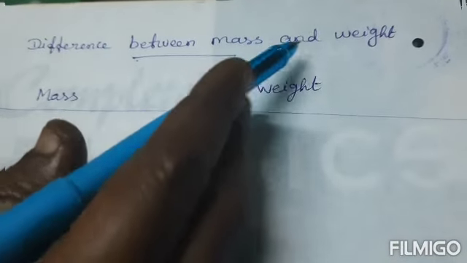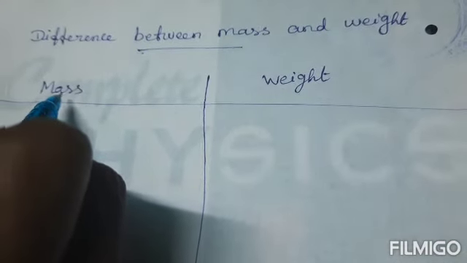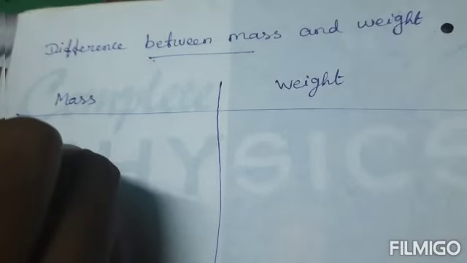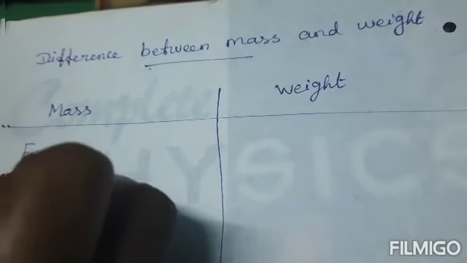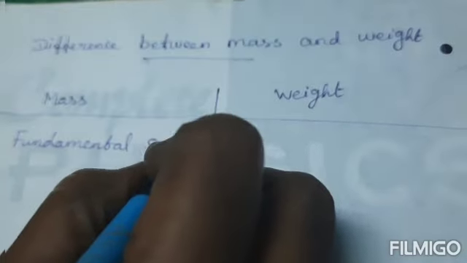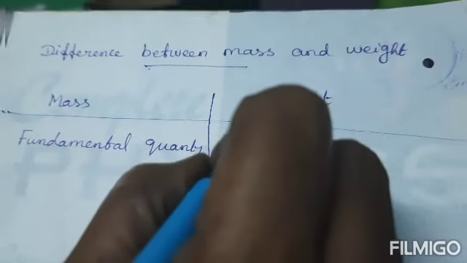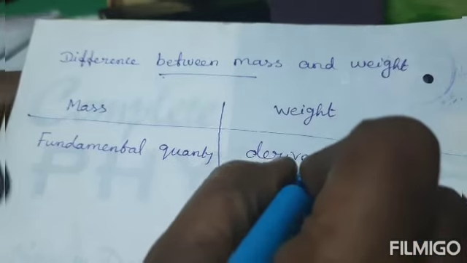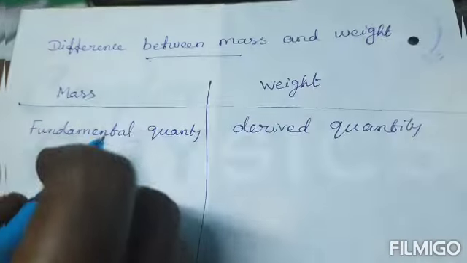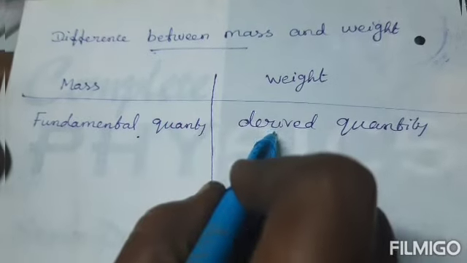Difference between mass and weight. Important question, just listen. We can write the differences between mass and weight. First, mass is a fundamental quantity. Weight is a derived quantity. Mass has no formula, so we say it is a fundamental quantity. Derived quantities have formulas.